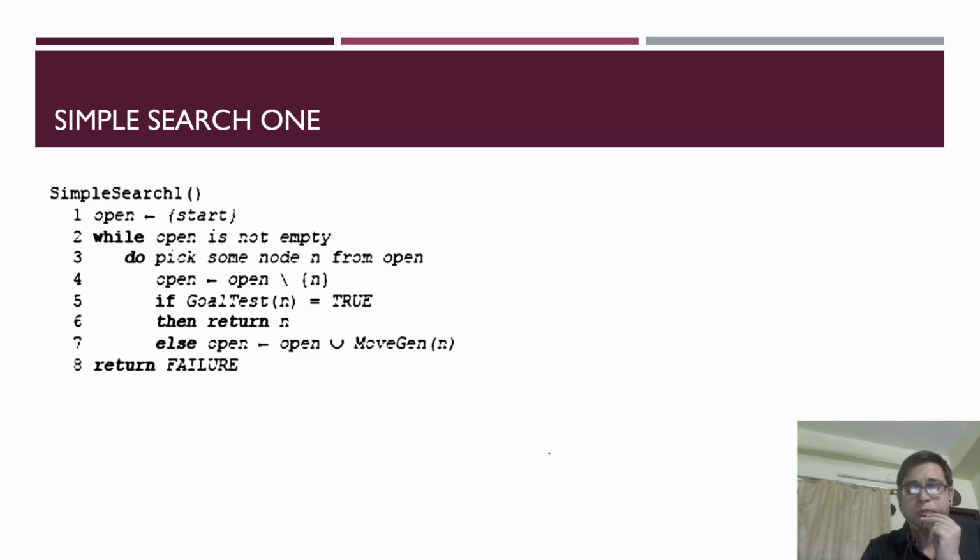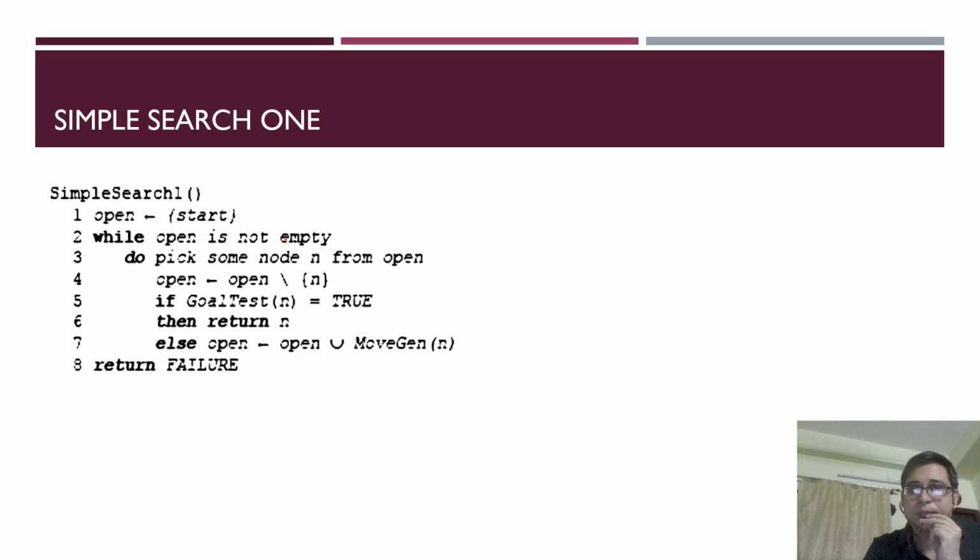Okay, so what we are going to do is make a very simple search technique. The search technique starts like this. We have a data structure open, and we write a loop. Initially, whatever is the start state, we add it to open.